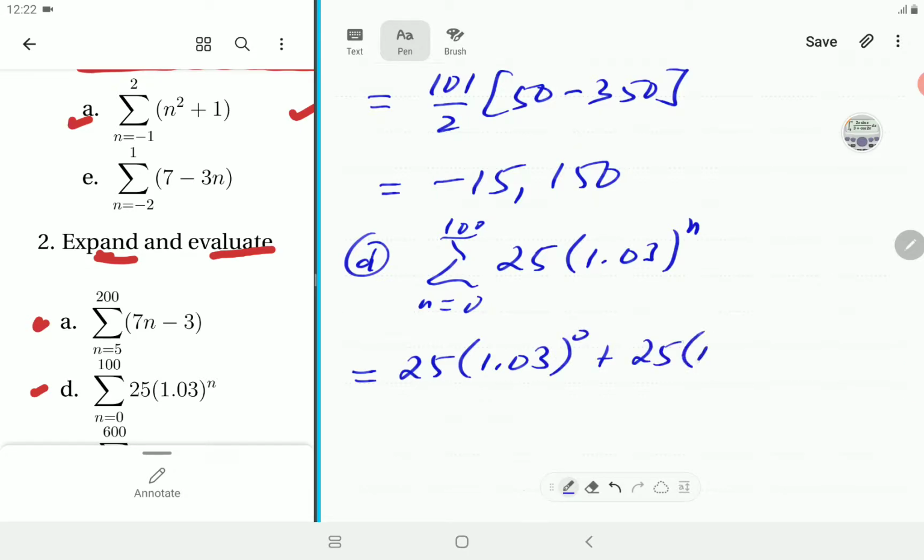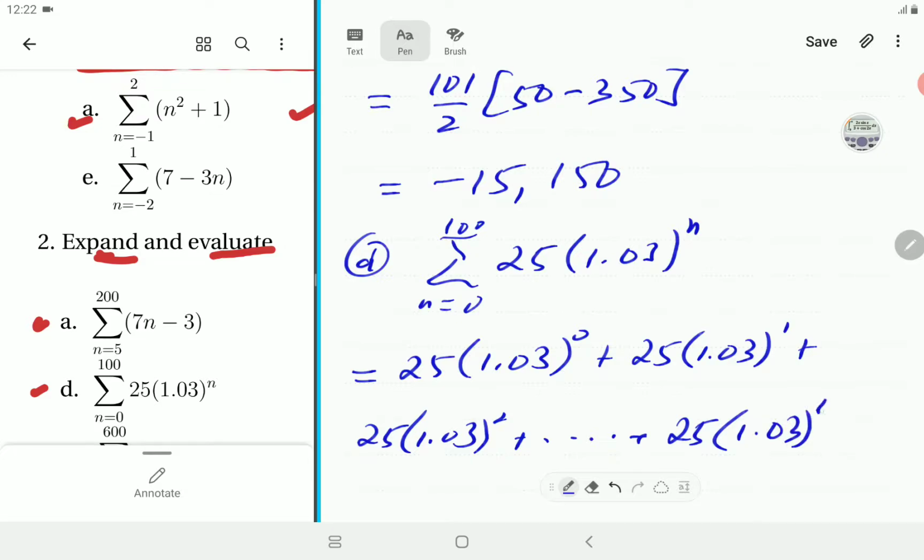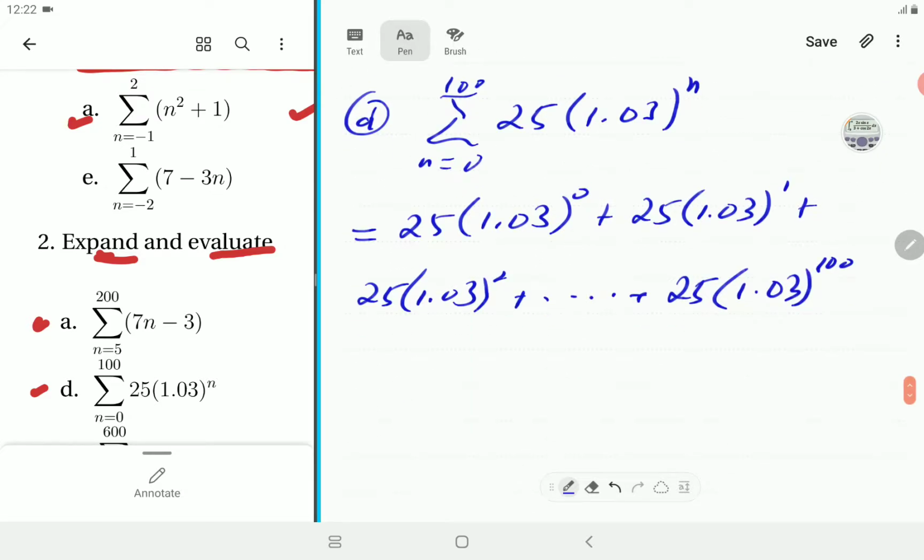Then 25 times 1.03 to the power 1. Then 25 times 1.03 to the power 2. The last term is going to be 25 times 1.03 to the power 100.